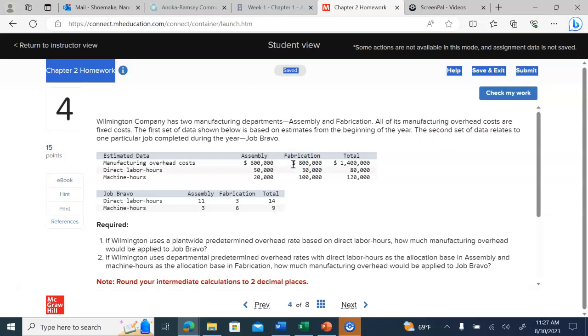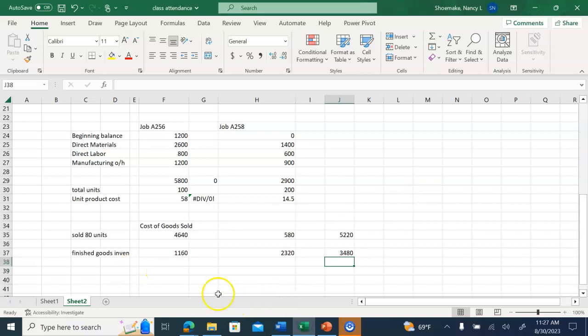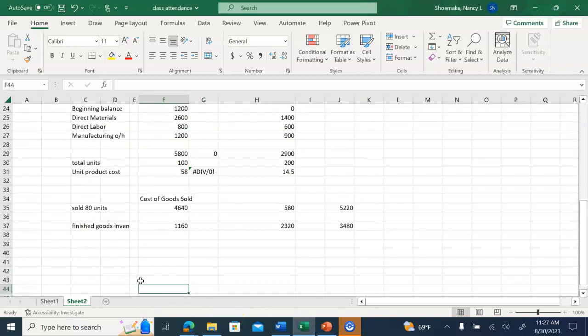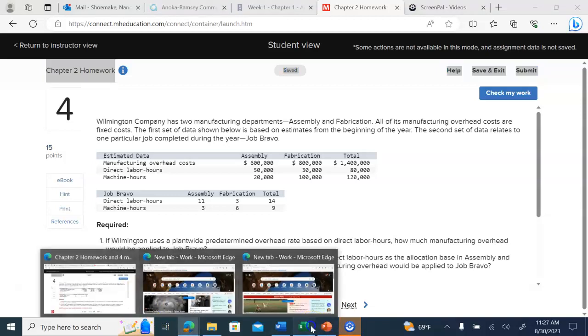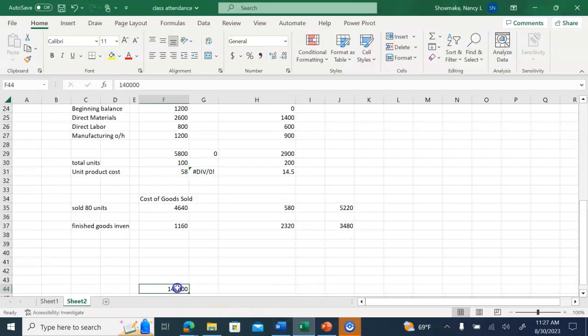So if we've got manufacturing overhead of 1,400,000 and we see 80,000 estimated direct labor hours, and direct labor hours are 80,000, yes.